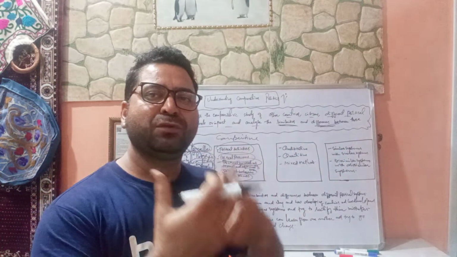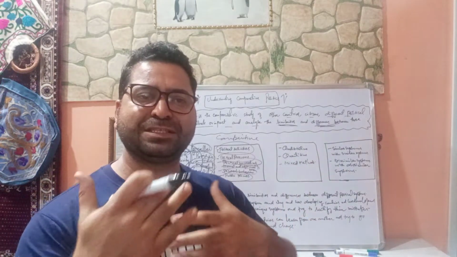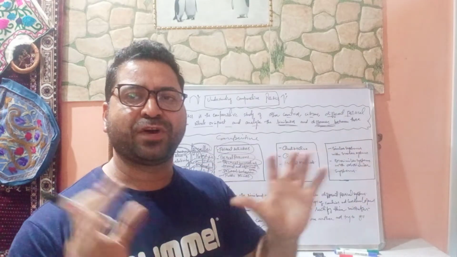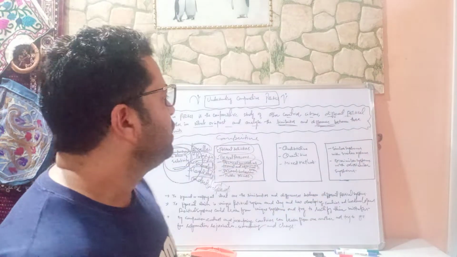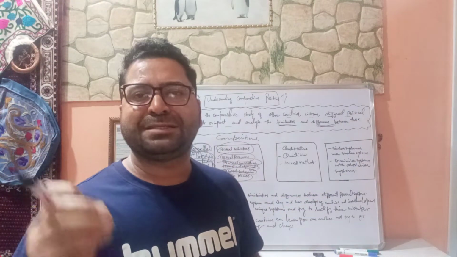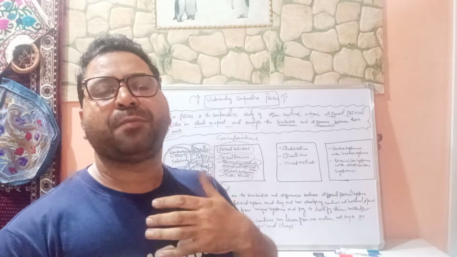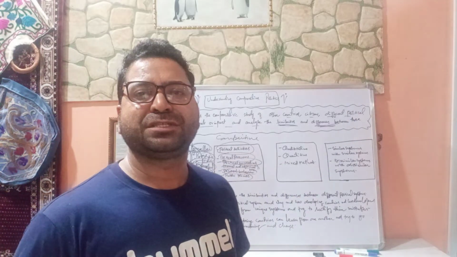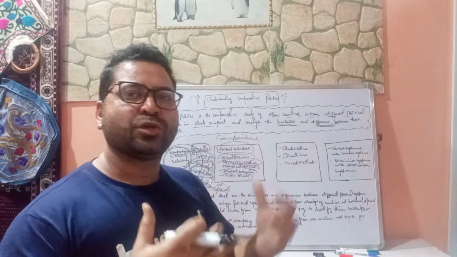Mostly in comparative politics, we prefer to compare similar systems with similar systems, or dissimilar systems with dissimilar systems. For example, democracy versus democracy, or authoritarianism versus authoritarianism. This is to get exact results and to make the exercise easier. Because if you compare democracy versus authoritarianism, getting results would be difficult, because the two political systems are entirely different.